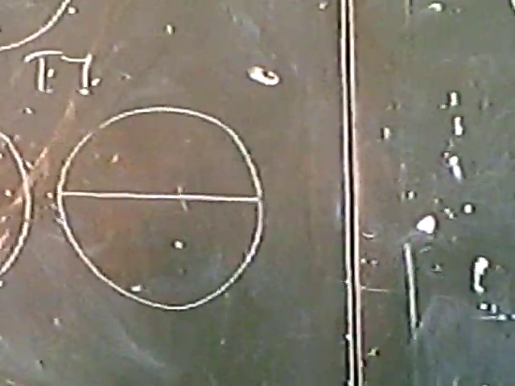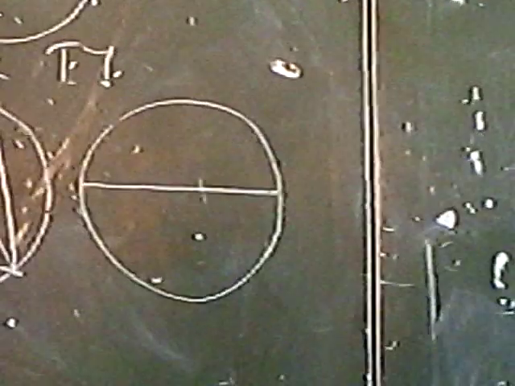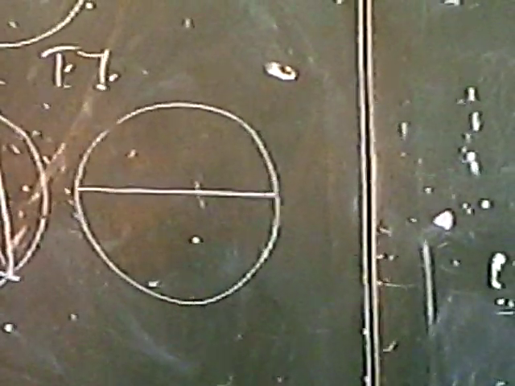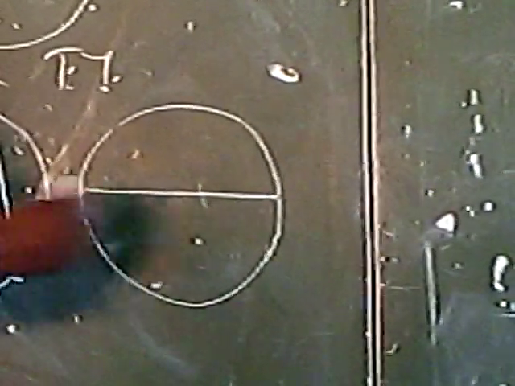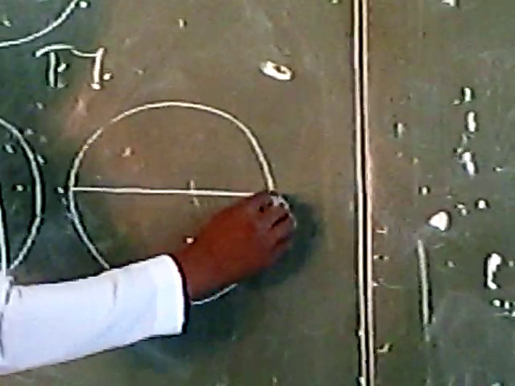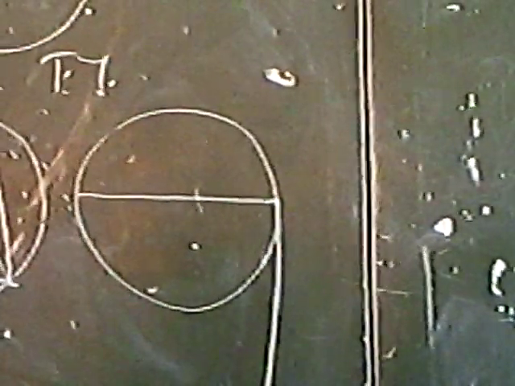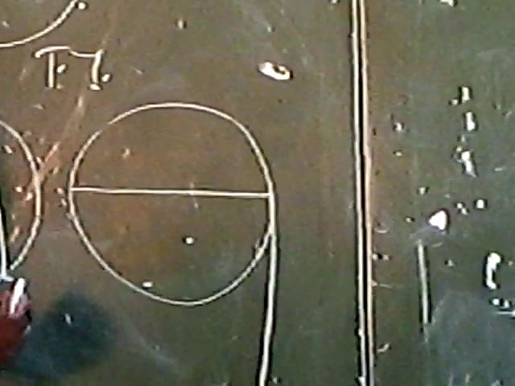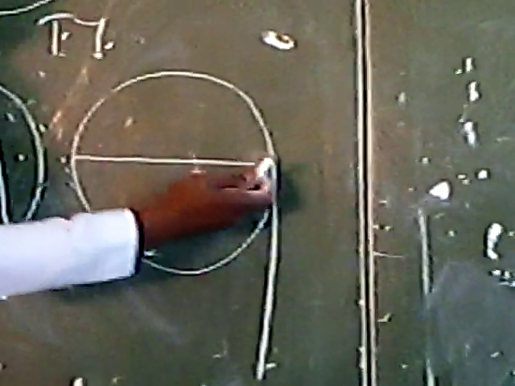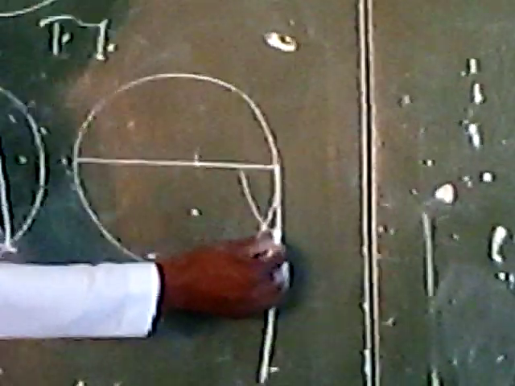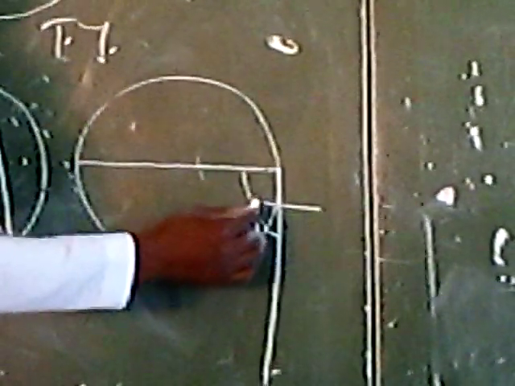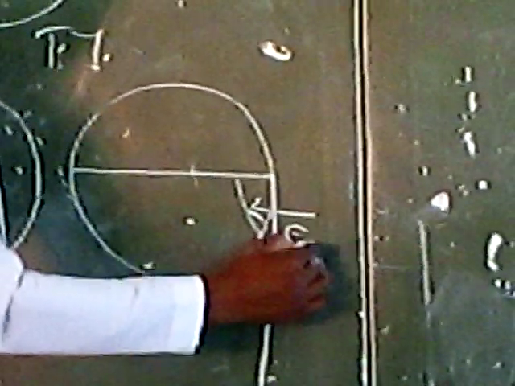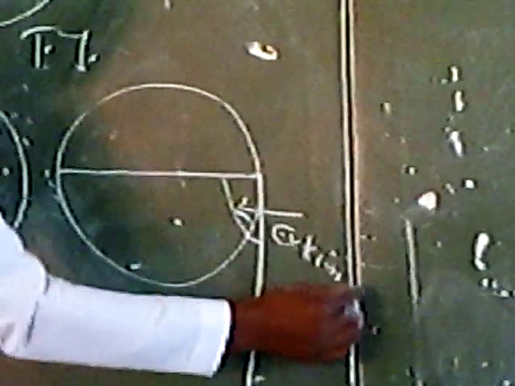Now, we did mention that suppose this chord intersects with a tangent. This is a tangent there. We see that the angle made by the tangent and the chord is referred to as the exterior angle. Exterior angle, take note.